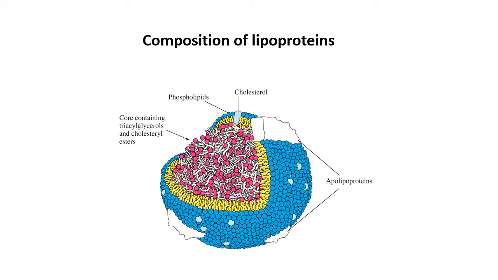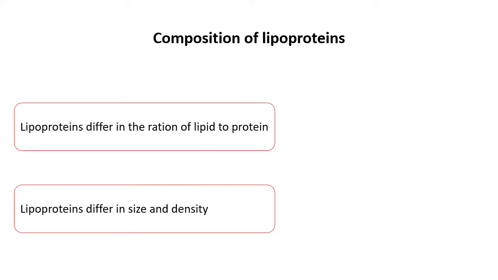Remember that phospholipids are molecules of fat attached to a phosphorus-containing group, while amphipathic compounds are compounds with polar and nonpolar parts. We have several types of lipoproteins that differ in the ratio of lipid to protein. Also, they are different in size and density.